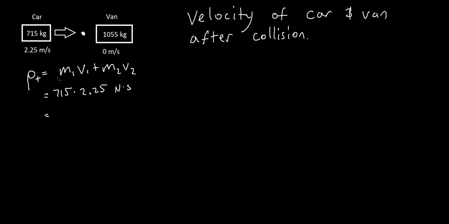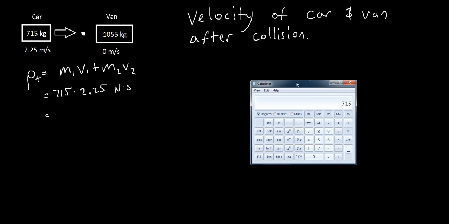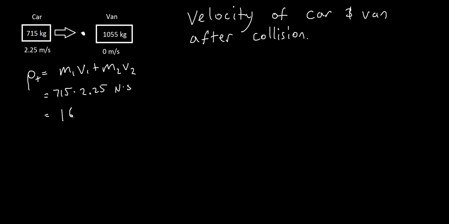So 715 times 2.25 is 1608.75. I'm going to use my own calculator for this because it gives me fractions. So that's the total momentum in the system, right?